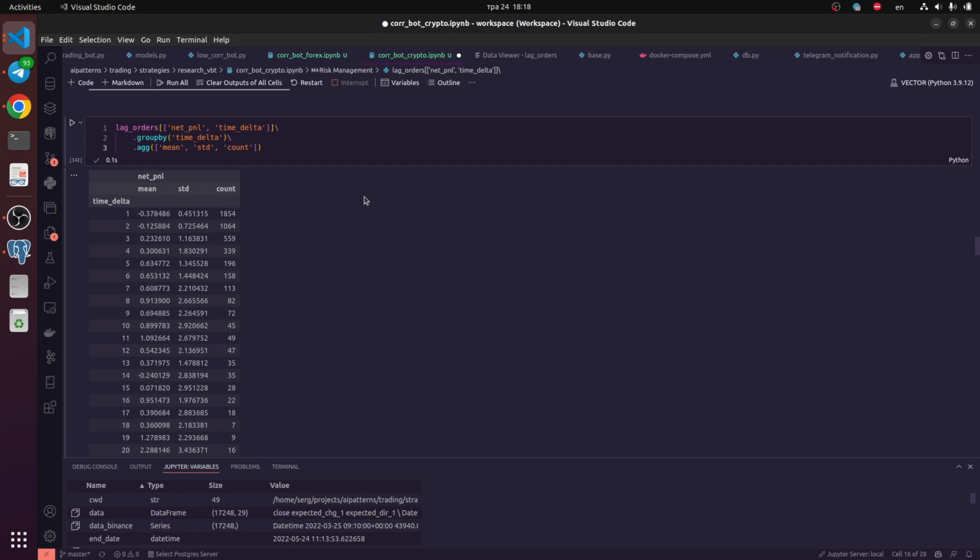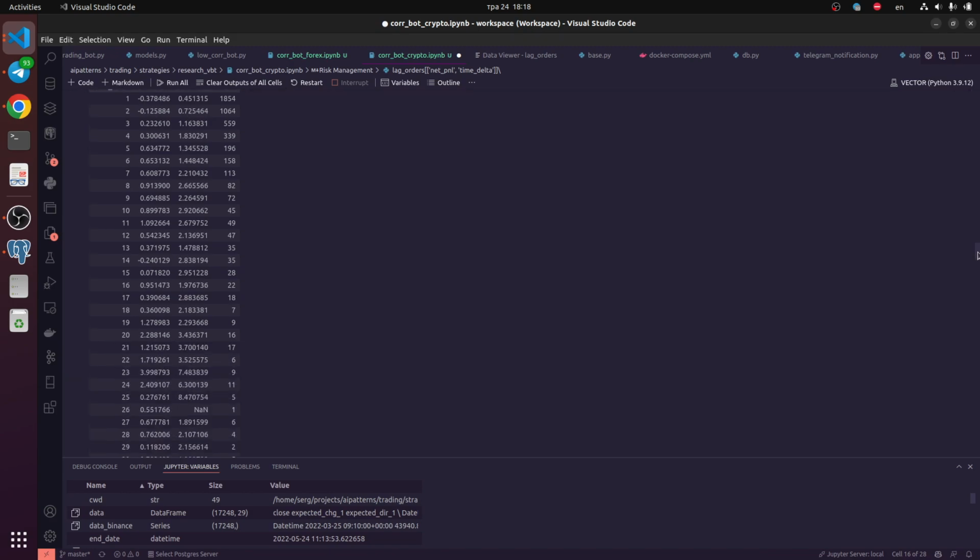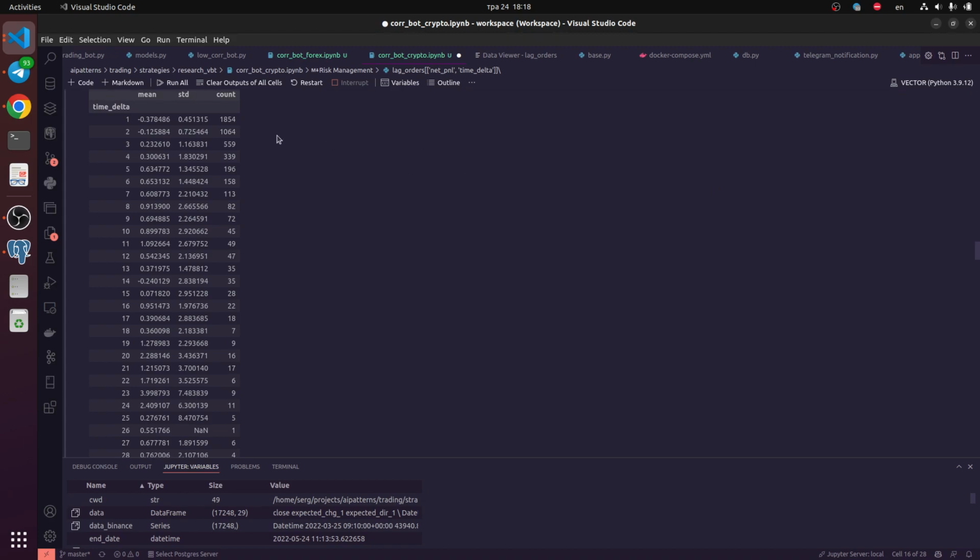We lost money. And you should define why we lost money when we have time delta from 1 to 2. Okay, and you see this table, where the index is time delta, and we have mean, standard deviation, count.